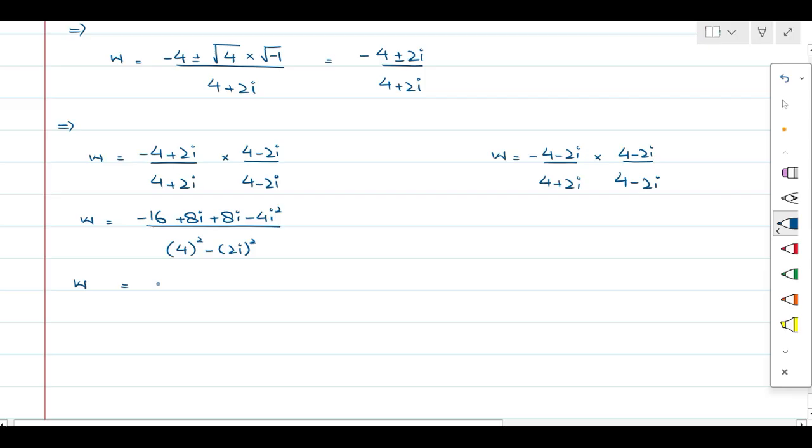Further simplification: 8 plus 8 is 16i, minus 16 minus 4 and iota square is minus 1. 4 times 4 is 16 minus 2 times 2 is 4, iota square is minus 1.